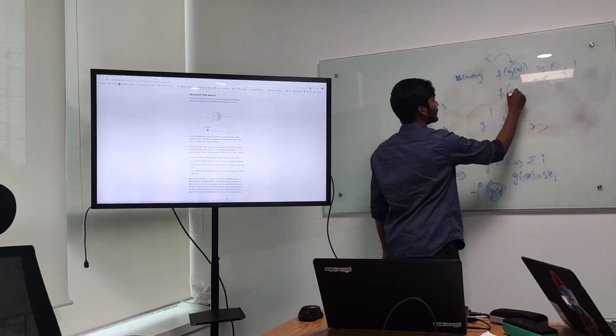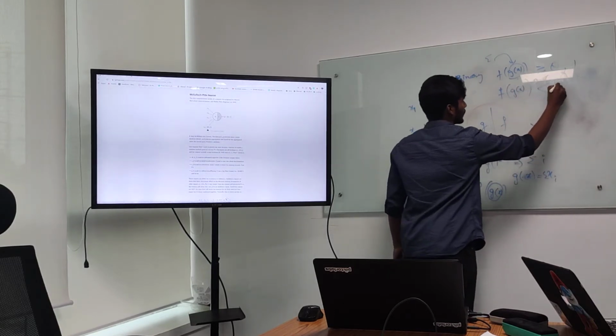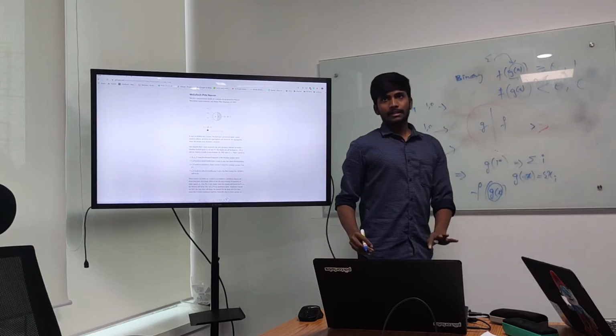If it is less than theta, whatever theta we define, the output is 0. This is the definition. Simple.